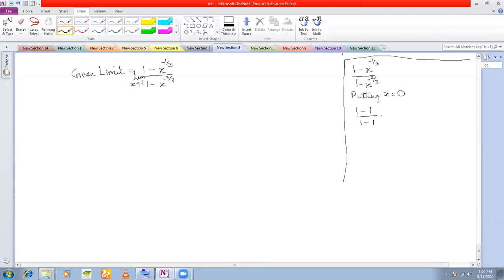1 minus 1 by 1 minus 1, which is 0 by 0. This is a 0 by 0 form. Okay. Now you differentiate limit x tends to 1 of d/dx of 1 minus x to the power of minus 1/3 divided by d/dx of 1 minus x to the power of minus 2/3.